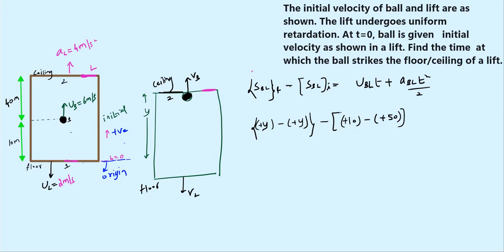Just make the observation. Velocity of the ball plus 6. Velocity of the lift minus 2. Acceleration of the ball g downward. Sorry, retardation of the lift, but it's upward.